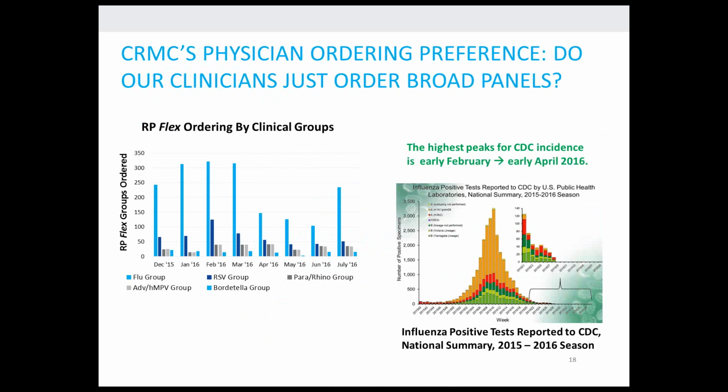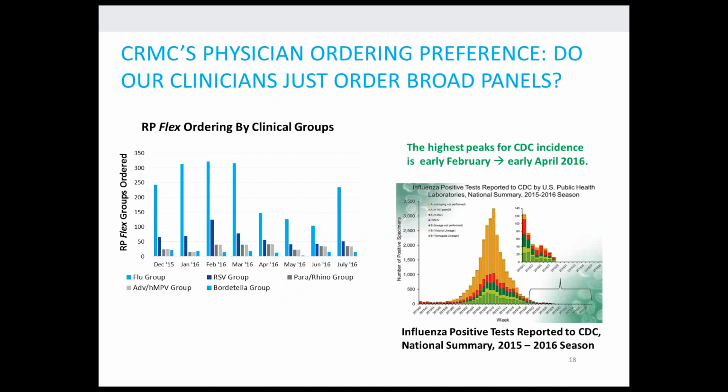So one thing we noticed, and we were concerned about, was would our physicians start ordering the full panels more? Because we were not getting a lot of full panel orders before. And we found that our physicians were sticking with their usual ordering practices, where mainly the influenza testing was the big thing. RSV is second.